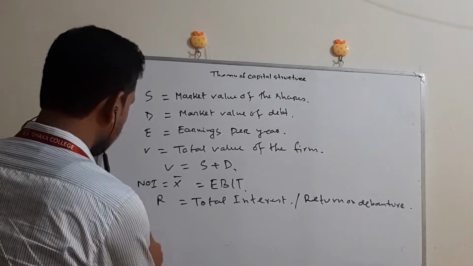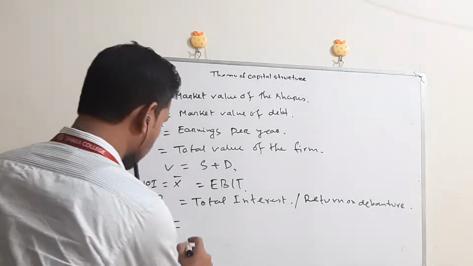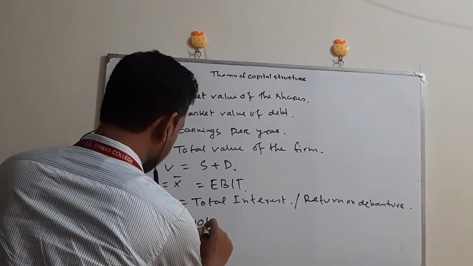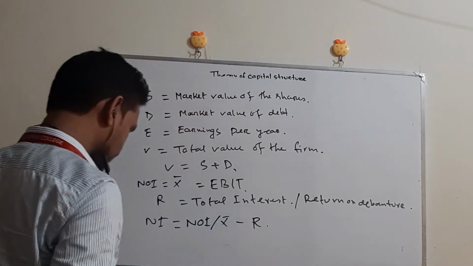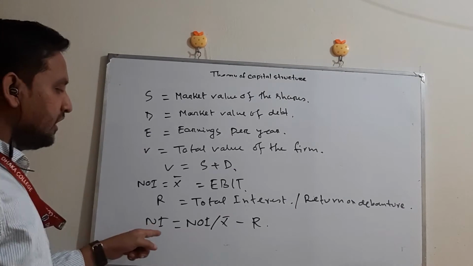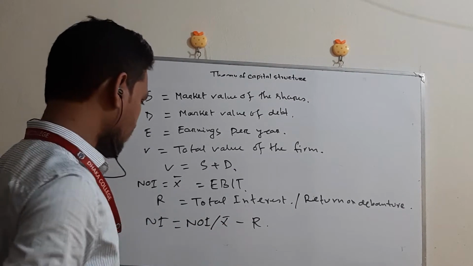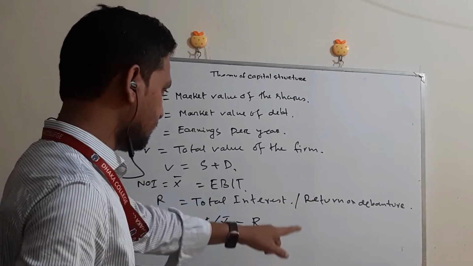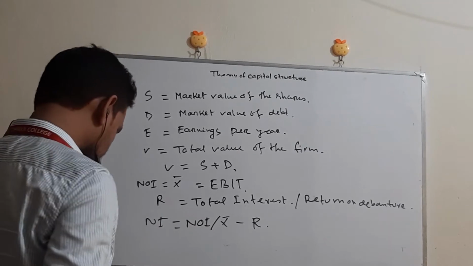So here NI is net income. Net income is NOI or X bar minus R: X bar minus R, the interest charges or return on debenture or total interest, equals NI.